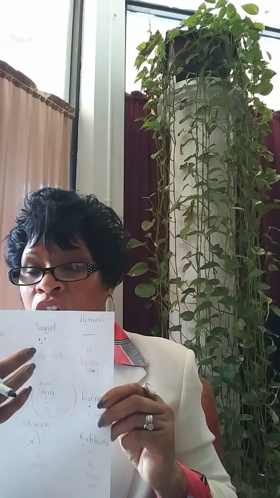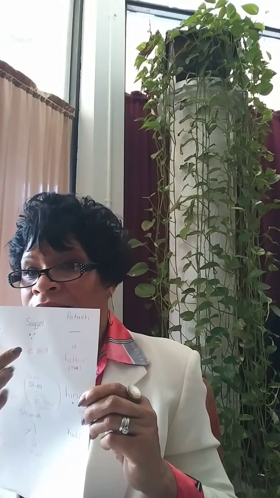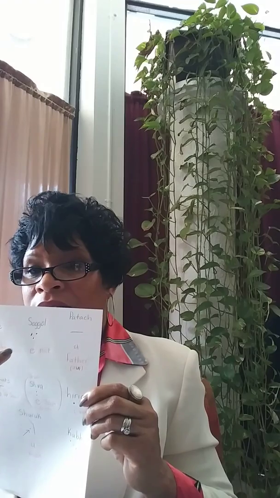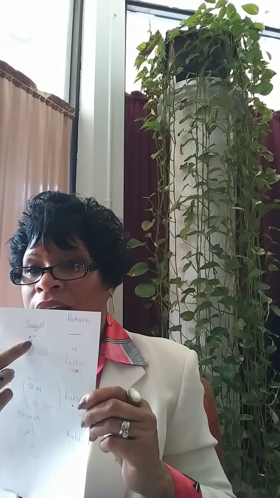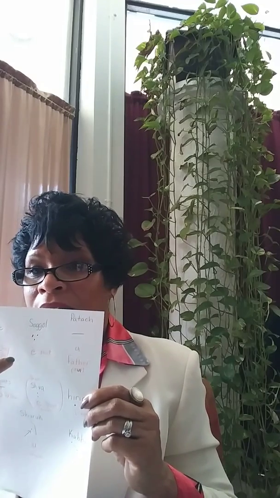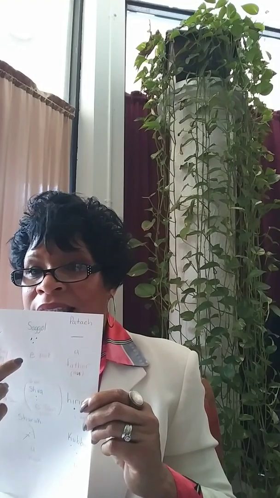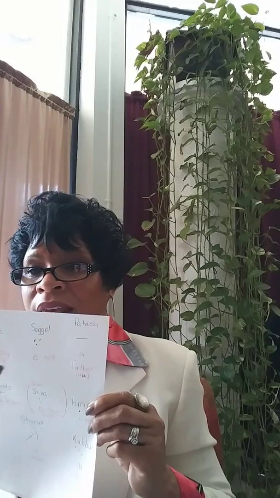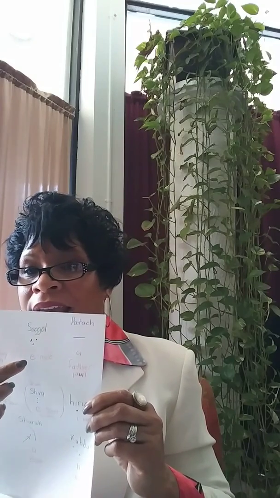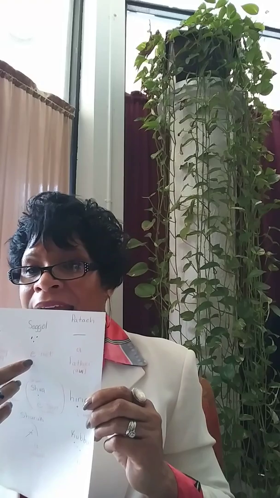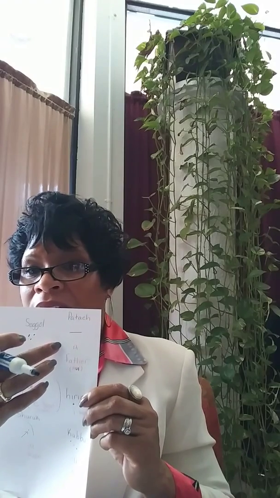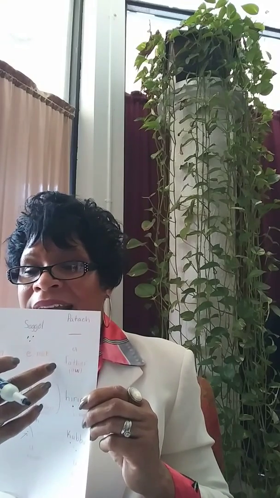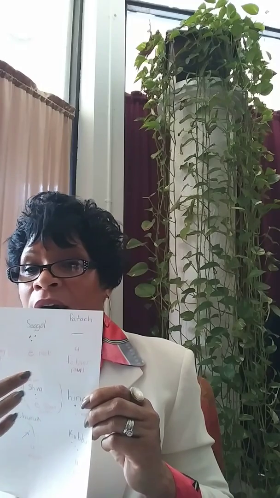We have the segol. It's three dots, two dots on top, one dot below in the middle. It's an E sound as in met. No, the tsere is as in they. Segol, the E sound as in met. And the patak is the A as in father.